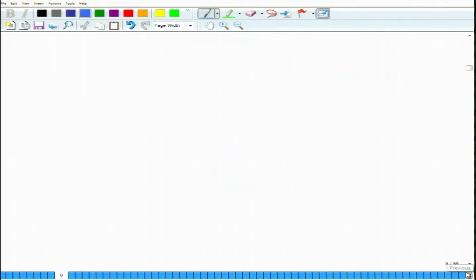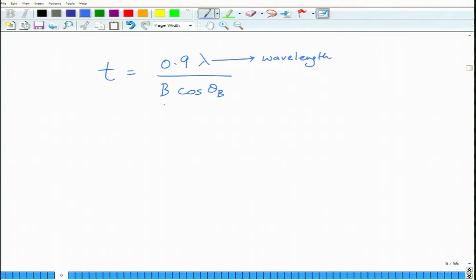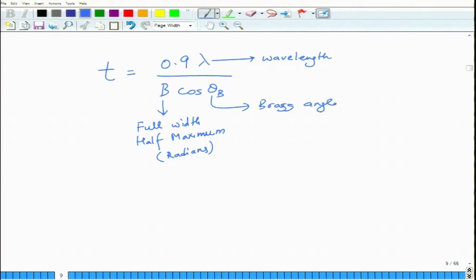and this is characterized by a relation called the crystal size T, which is characterized by 0.9 lambda divided by B cos theta B, where lambda is the wavelength, B is the full width half maximum, which is in radians, okay, and theta B is the Bragg angle in degrees, and this is your wavelength in meters or whatever, nanometer.